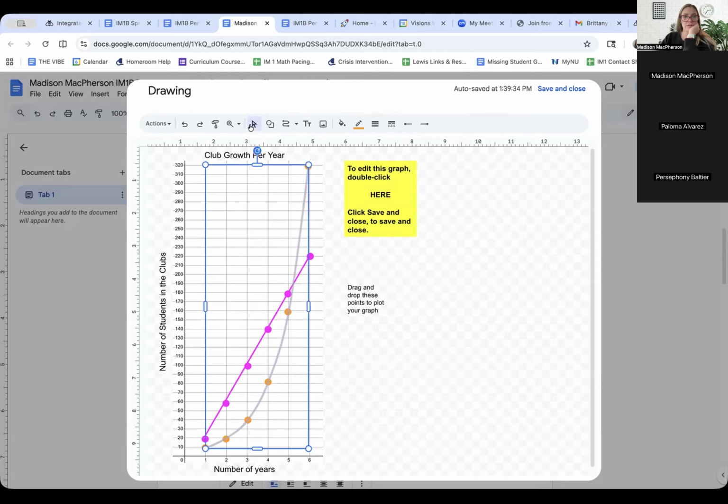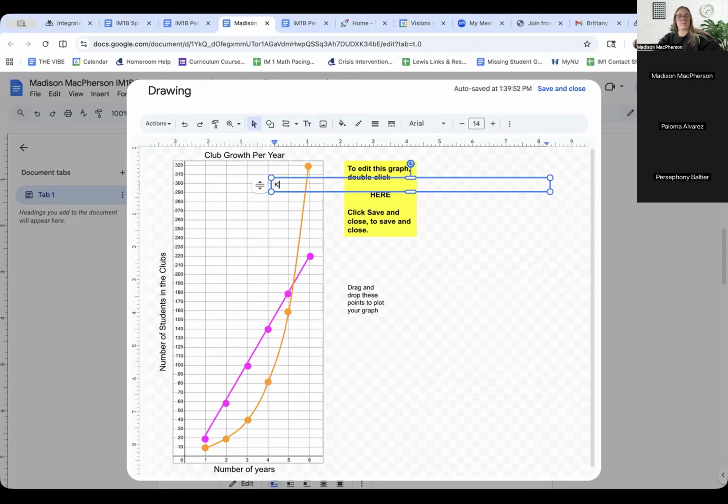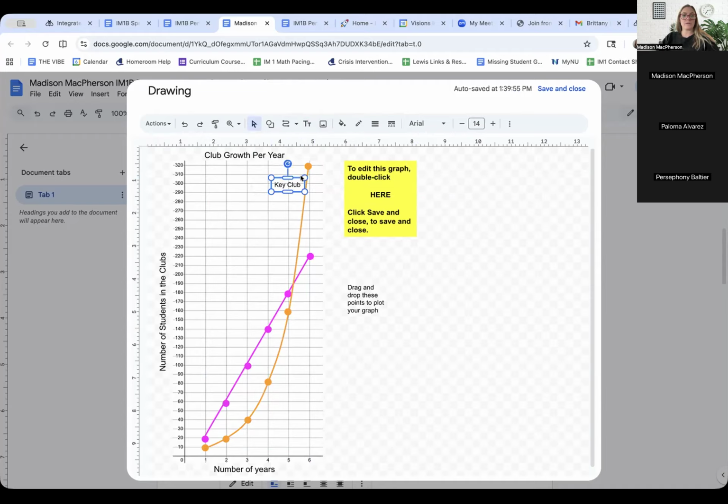Okay, click on your little arrow again. Now we need to label the two lines. I want this one thicker. There we go. So click on the little text box one. I'm going to first label Key Club, and I'm going to make my box a little bit smaller.